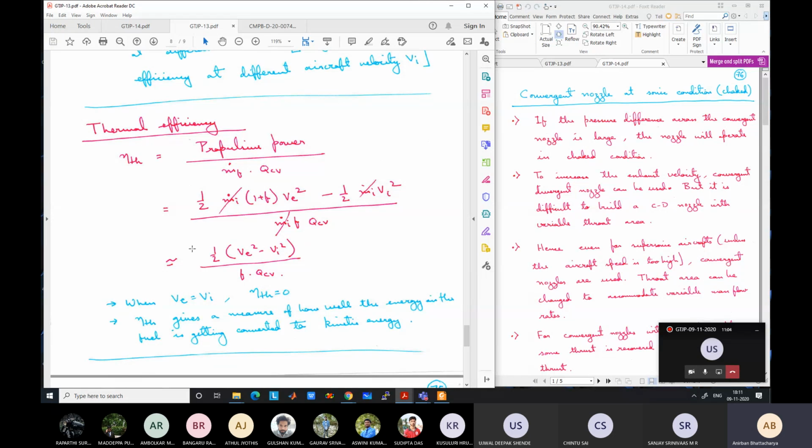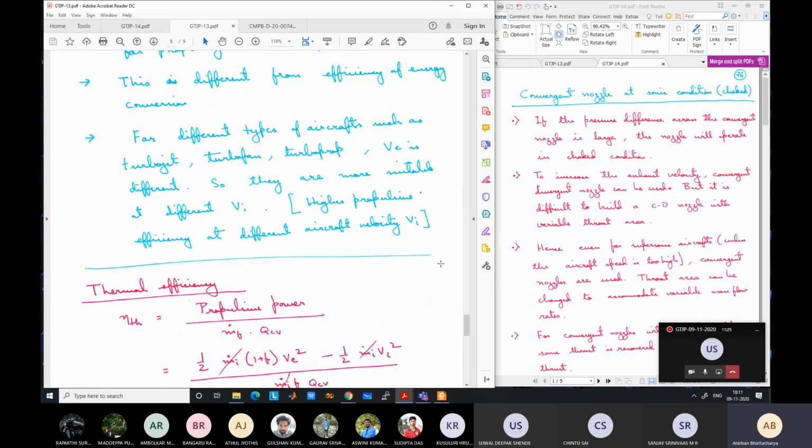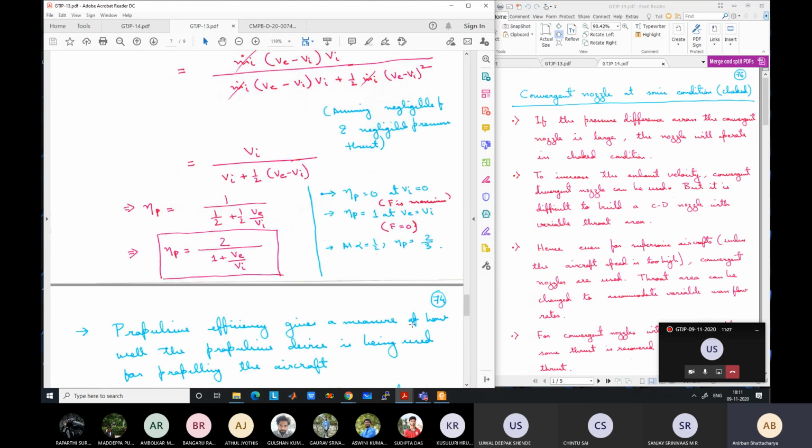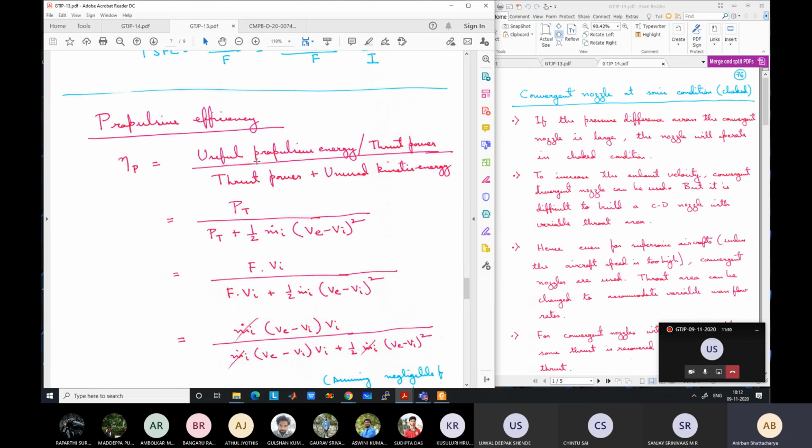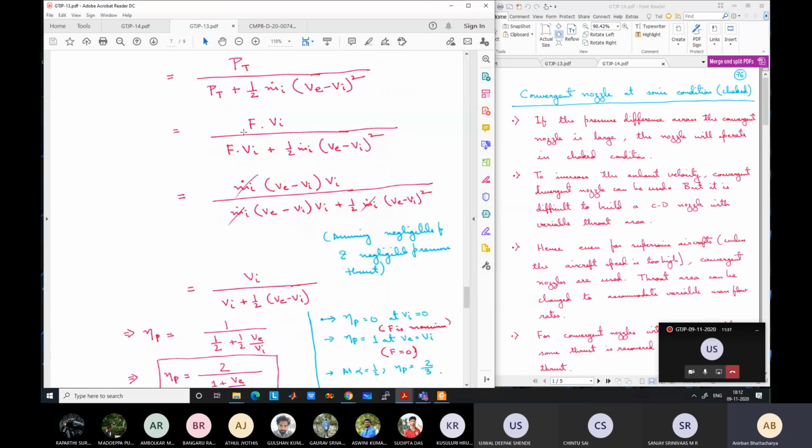This denotes how efficiently we are converting the energy in the fuel into the kinetic energy of the exhaust gases. This is the first part of the energy conversion, the energy conversion in the engine. Then how much of the kinetic energy that is generated can be used for actually propelling the aircraft forward outside the engine is the second part of the conversion of energy, and that is given by the propulsive efficiency.